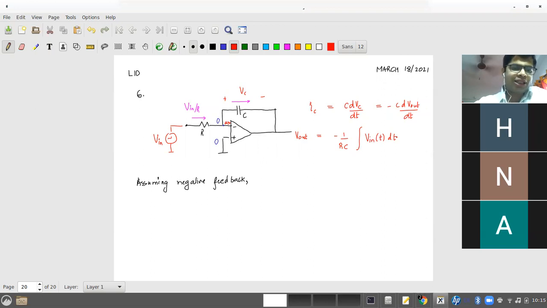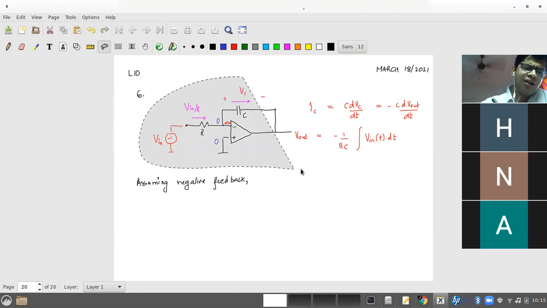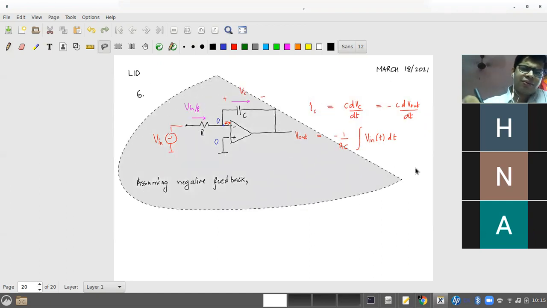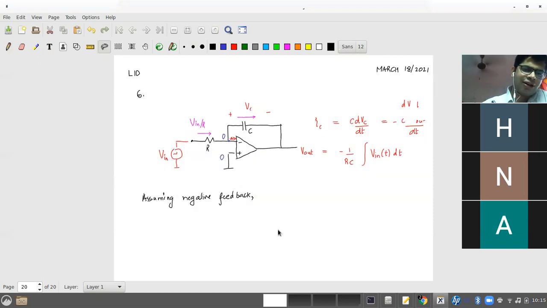Okay. So what is this circuit doing? Integrator. Correct. So if you assume negative feedback, then you get V out is minus 1 by RC integral of V in dt.